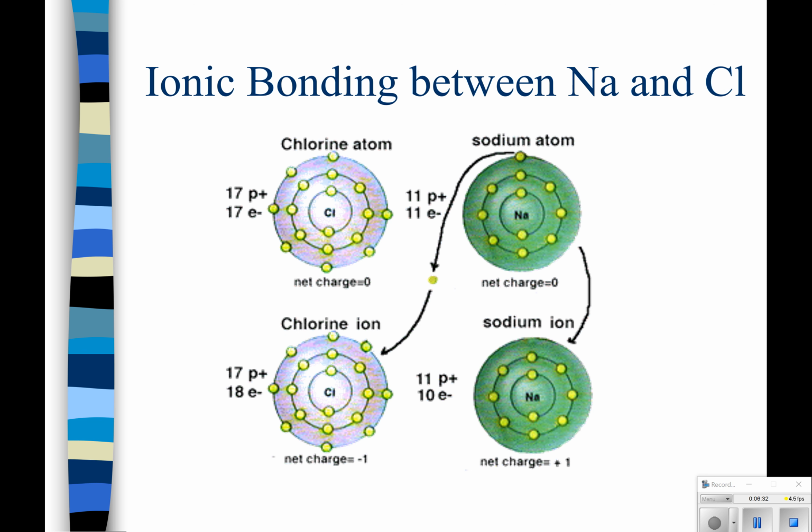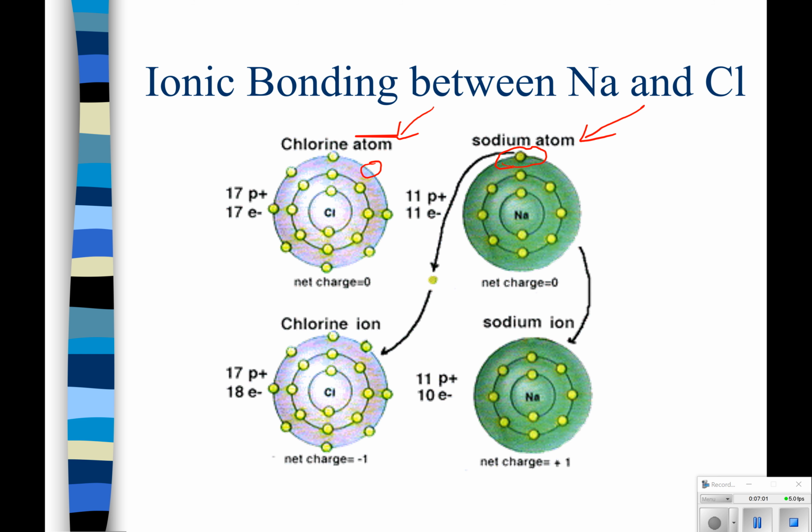Now a little pictorial representation of what's actually happening with ionic bonding between sodium and chlorine. On the top we have a neutral sodium atom and a neutral chlorine atom. In the outer valence shell of chlorine, there is one missing spot for an electron, and in the outer shell of sodium, we only have one electron.